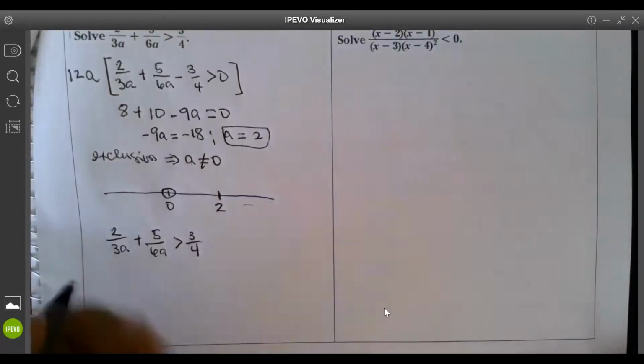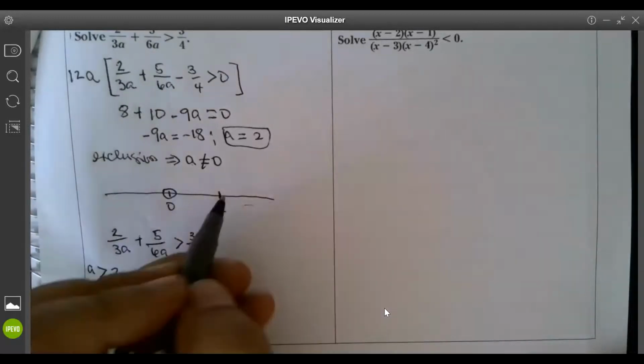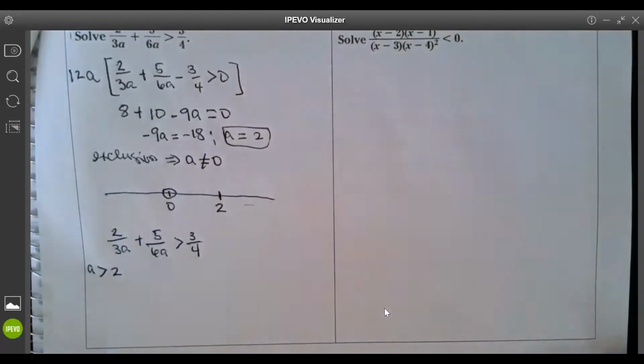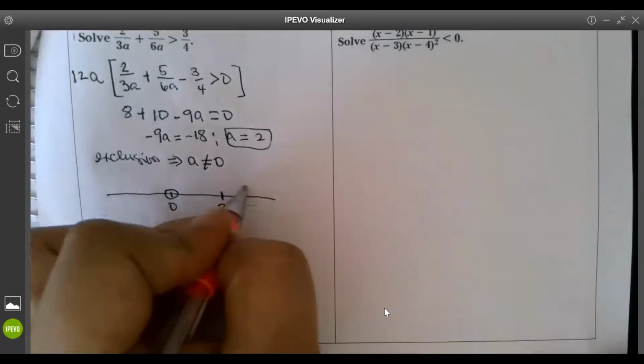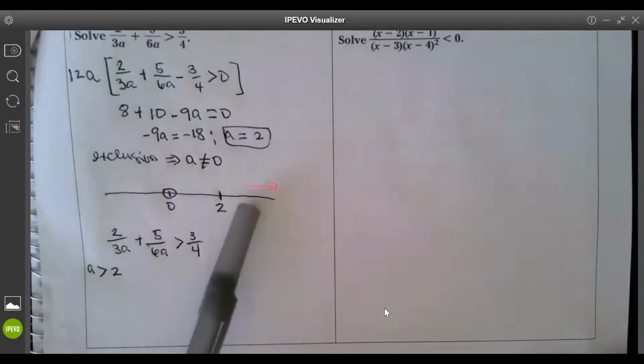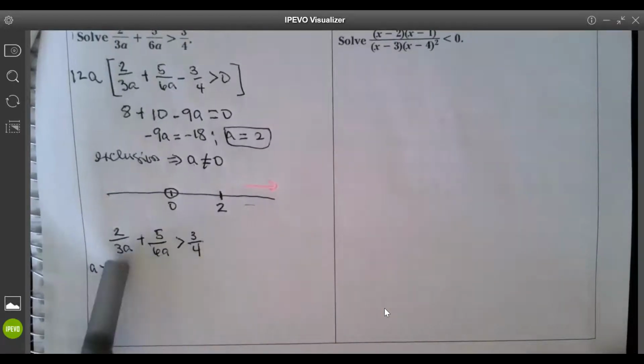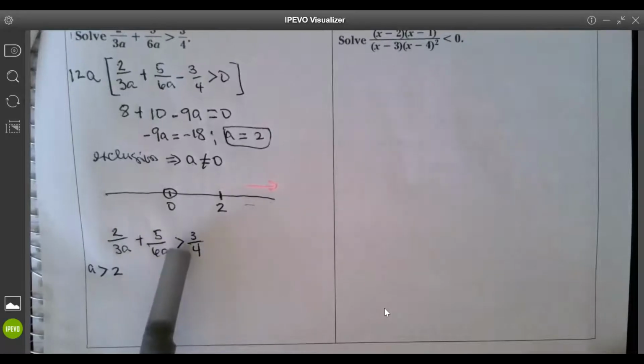So let's test A is greater than 2. You pick any number in this interval, A is greater than 2, and plug it in here and find out if it is greater than 3/4.